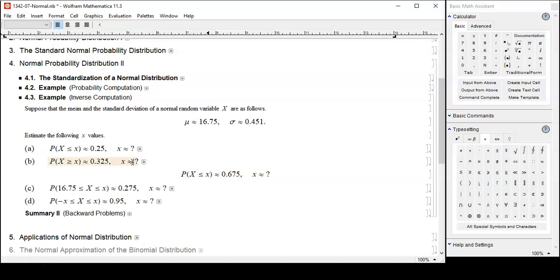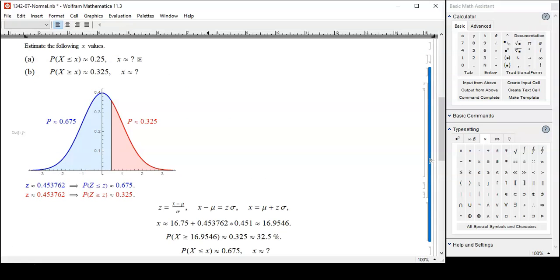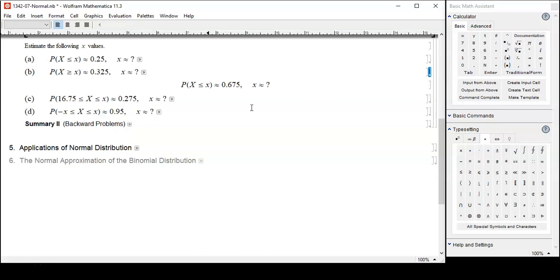So this problem here is equivalent to this. So 0.325, right-hand side shading is 0.325. Therefore, the left-hand side shading is 1 minus of that, 0.675. So basically, you're doing this problem.